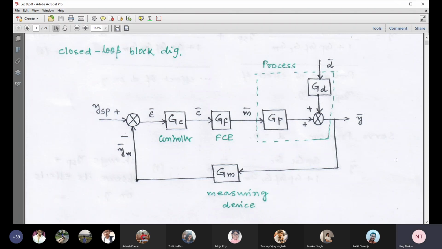I mean, we learned how to develop this block diagram. Now, first you draw this block diagram and then we will discuss further on this.